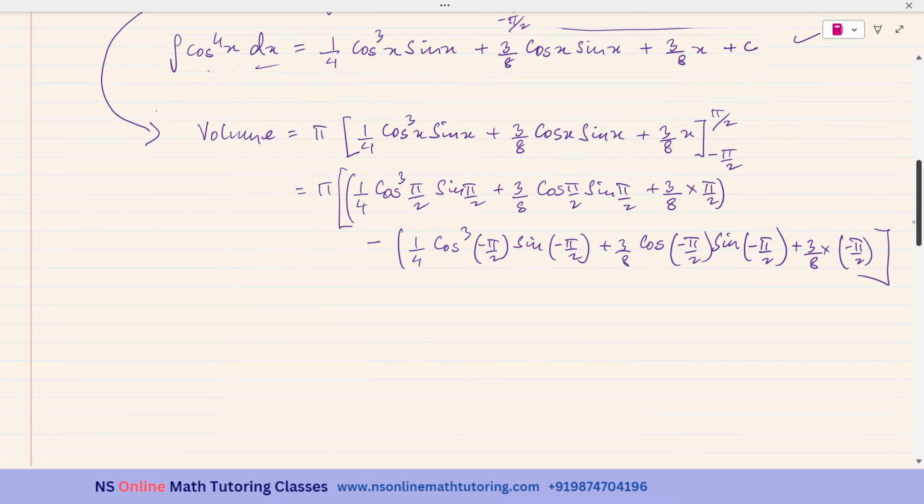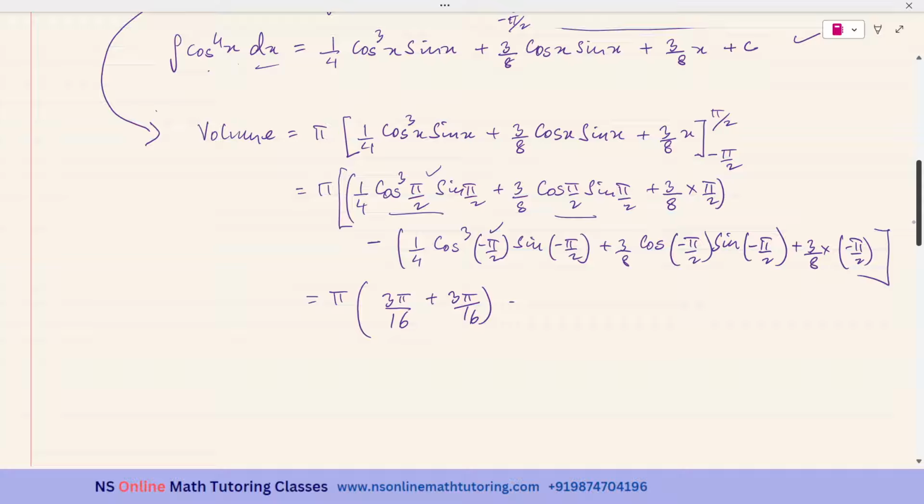Okay, and cos pi over 2 and cos negative pi over 2 are equal to 0. So therefore, this is pi and this one is 0, this one is 0. So it is 3 pi over 16. And this one is minus 3 pi over 16, and there is this minus sign in front. So it will be plus 3 pi over 16.